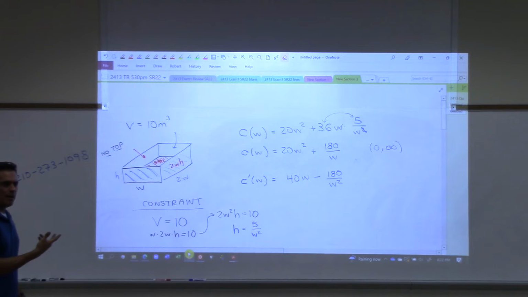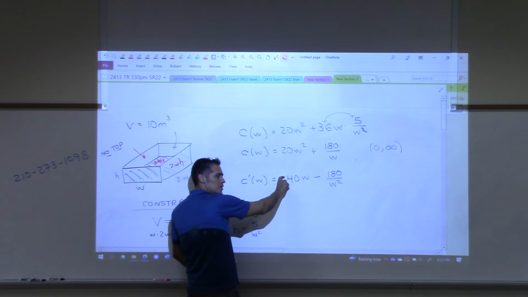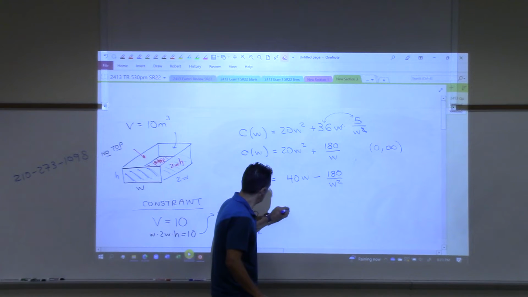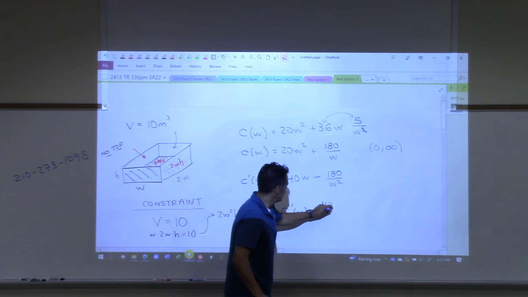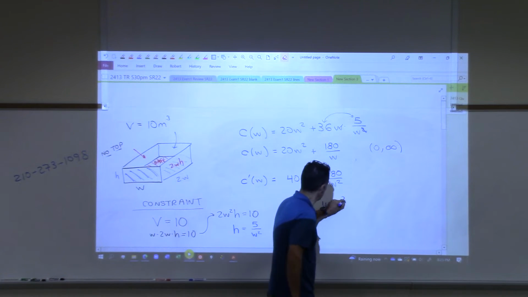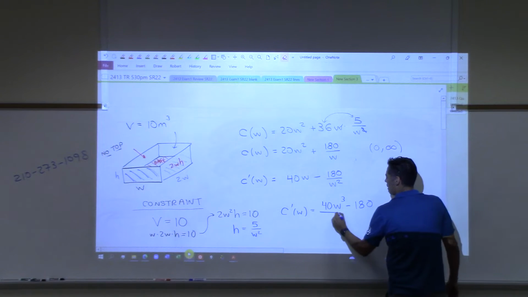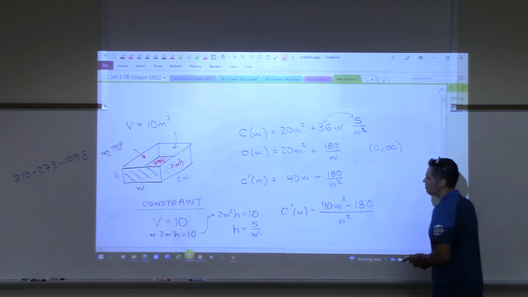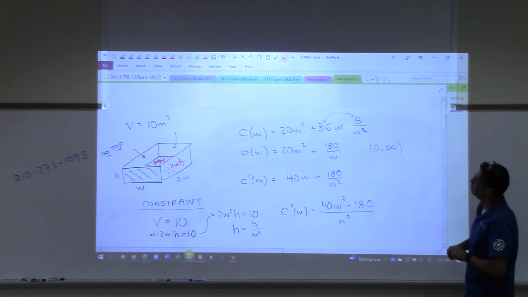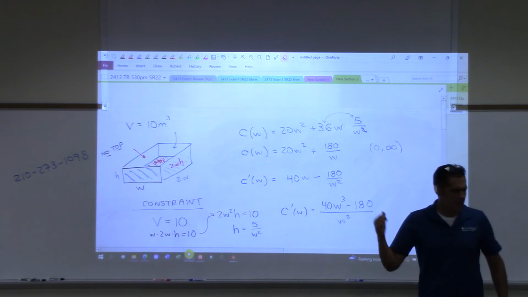Okay, I'm going to get a common denominator. So I'm going to multiply the top and bottom of this by W squared. That'll create 40W cubed minus 180 over W squared. Something seems off. Set that equal to 0.